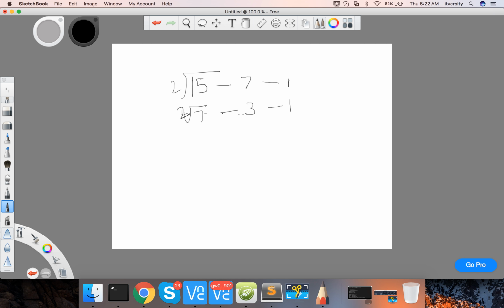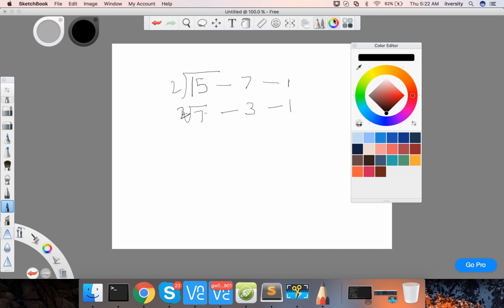Take this new quotient, 3, and divide that again by 2, and now you will get a new quotient 1 and a remainder of 1. Now you have to take this 1 and divide by 2 again. Now the quotient is 0 and the remainder is 1.